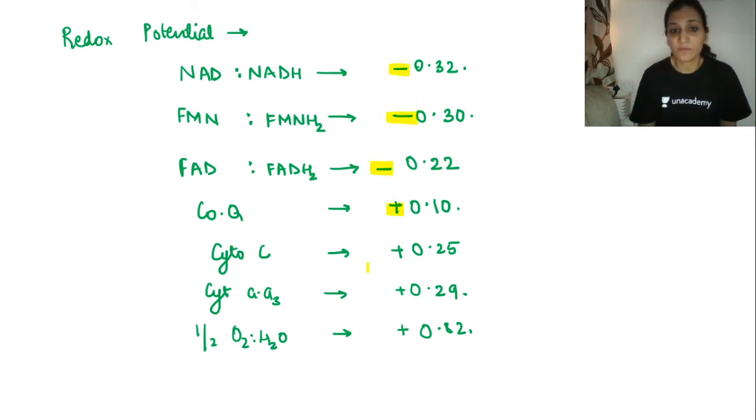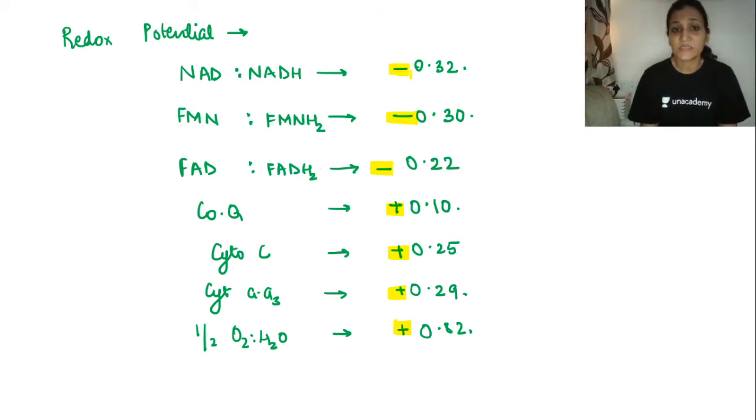A negative sign indicates a negative redox potential, that is, they have more tendency to lose electrons as compared to the positive ones. If there is less hydrogen, or less proton in the compound, it is represented as negative. If more hydrogen is there, then it is represented as positive redox potential.